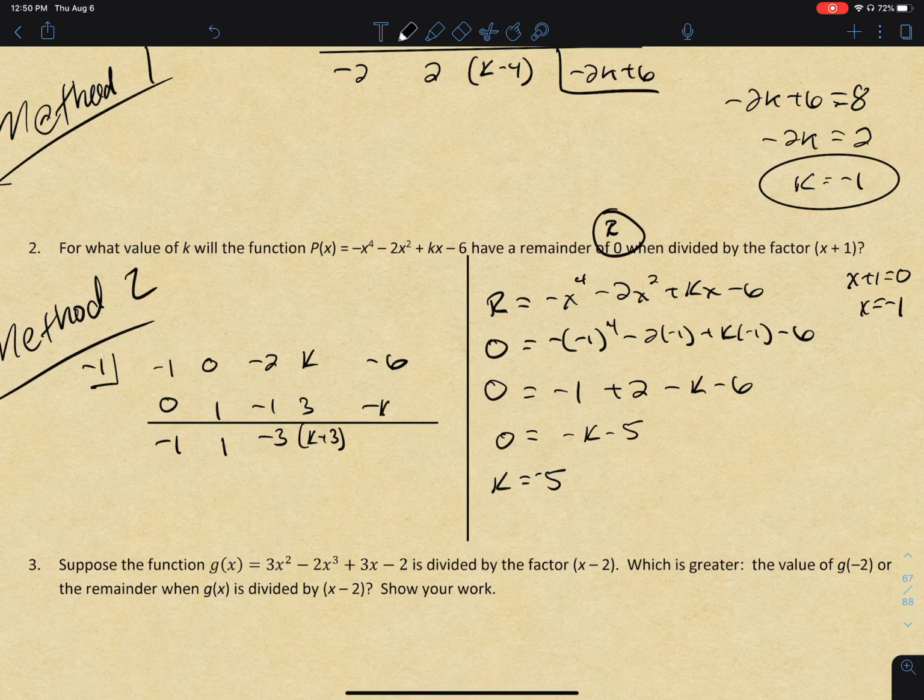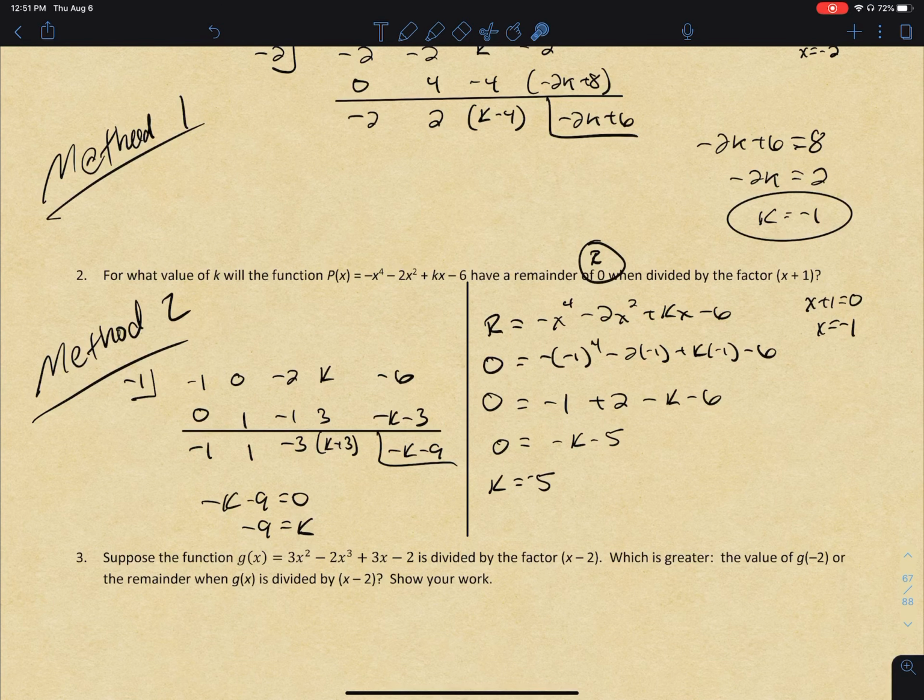If I multiply, I get negative k minus 3. I did make a mistake someplace. If I add these, I'm going to get negative k minus 9. If I set that equal to 0, I'm going to get that k is negative 9. But here I got that it was negative 5. So I made a mistake over here.